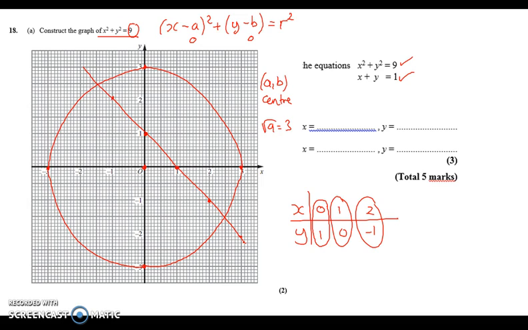And the solutions are just going to be the points where they meet, the coordinates. So what is the coordinate of that point there? And what is the coordinate of that point there? From my graph, which may not be accurate like I've said, it looks like I've got an x value here of minus 1.5, and a y value of something like 2.5.